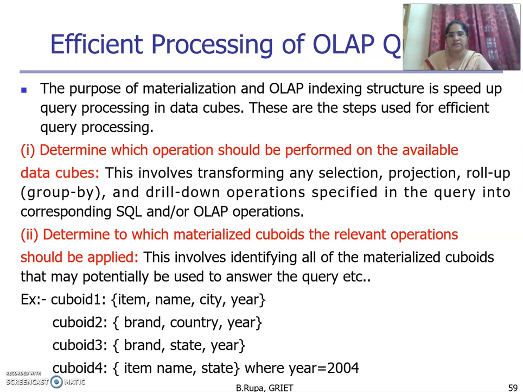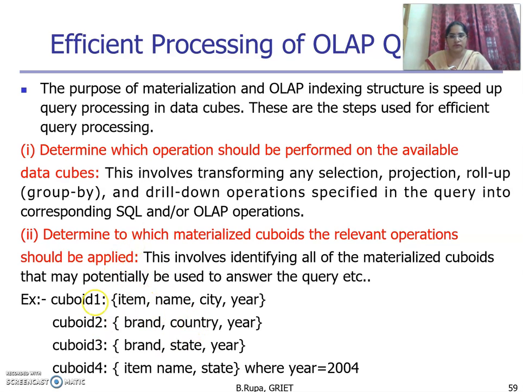These are the things needed to determine which materialized cuboids are relevant for the operations. So within the efficient processing of OLAP queries, first we determine which operation should be performed on the available data cube, and then determine which materialized cuboids are relevant for the operations.